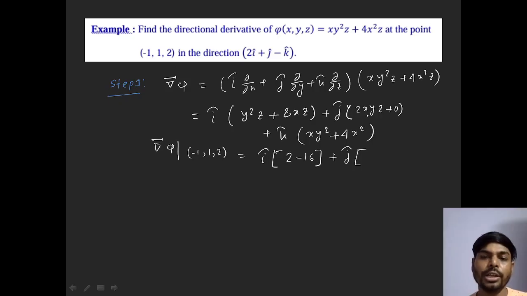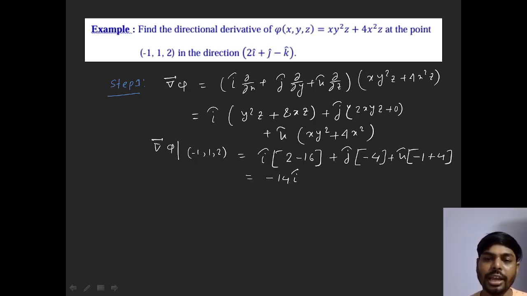So 2 into -1 into 1 into 2 gives -4, and k cap gives x square, with x equal to -1, it is 1, so it is basically -1 plus 4. So it gives me -14 i cap, -4 j cap, and 3 k cap. So the first step is completed, the gradient of phi at the point P we found out.